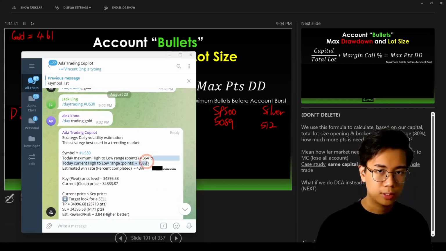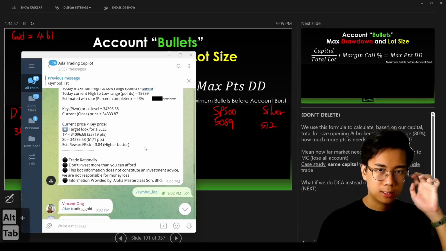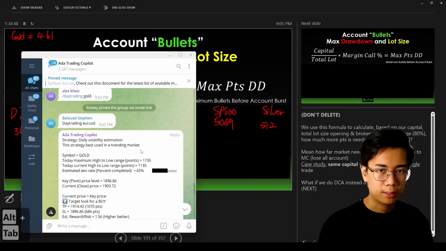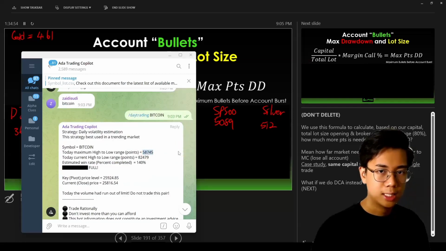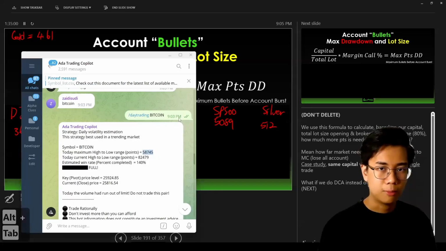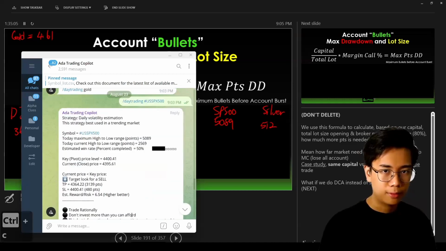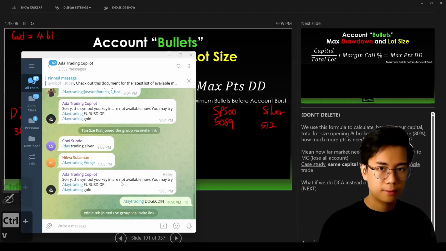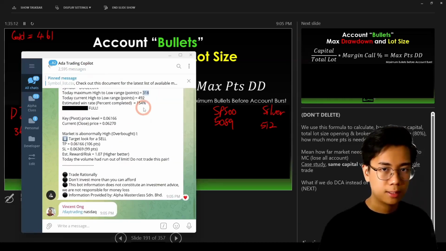Okay, this is Dow Jones, 36419. Bitcoin hasn't come out, right? Okay, this is Bitcoin, 58745. And lastly will be Dogecoin. I think Dogecoin failed to come out. So Dogecoin is 318.